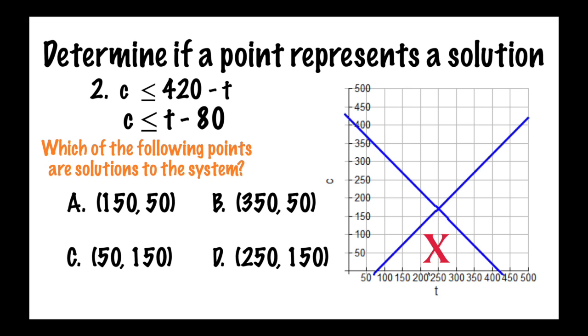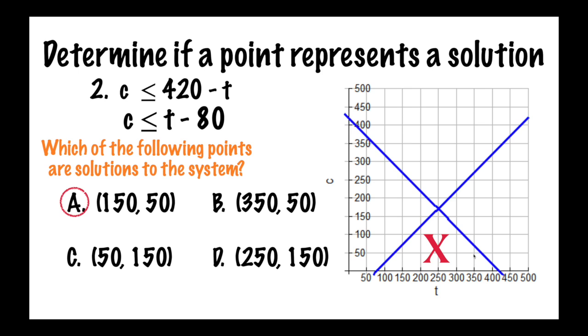Now what we want to look at is which of the following points represent solutions to the system. So any point that falls within this region right here is going to be a solution to the system. And so here, we've got 150, which is here, comma 50. And it looks like that one is going to be a part of the solution, so A is an answer. For B, we're at 350, comma 50.